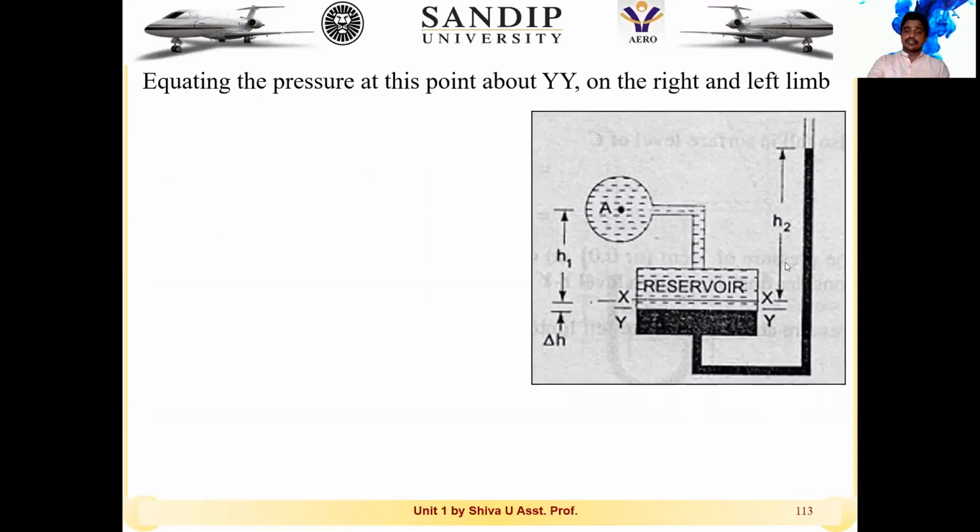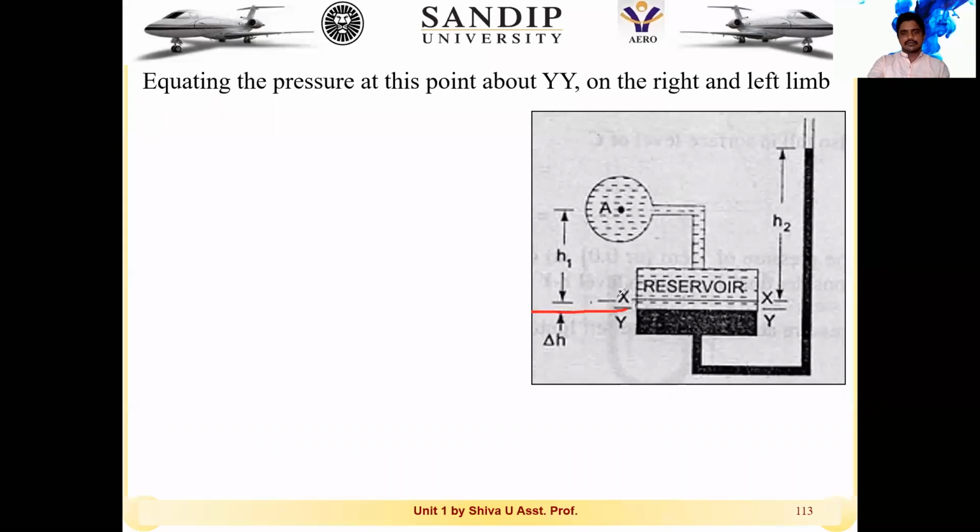So if you see this case of the single column manometer with reservoir, whatever the pressure influencing this fluid level, only a very minute variation in the height can be noticed here. That is given by this delta H, which accounts for the small variation in height due to the pressure variation from the right limb to the left limb.